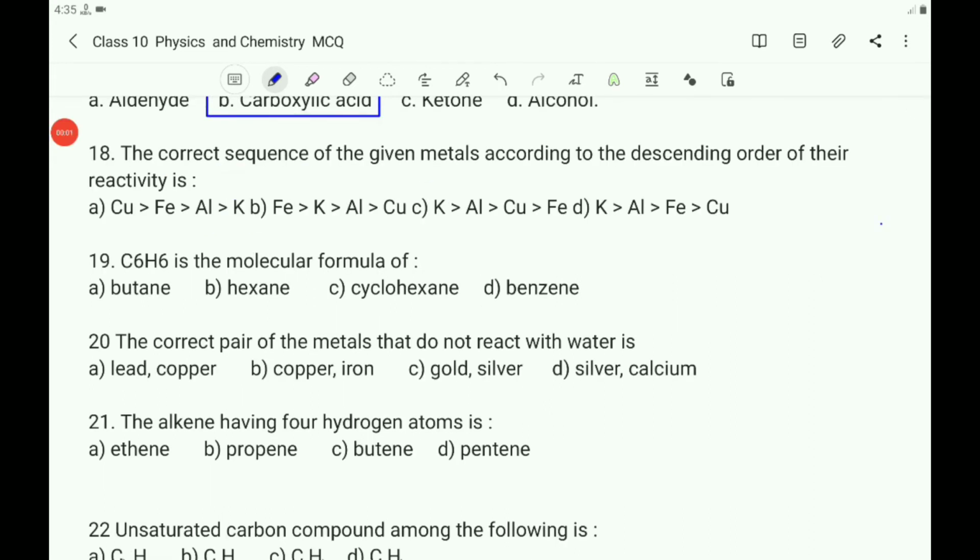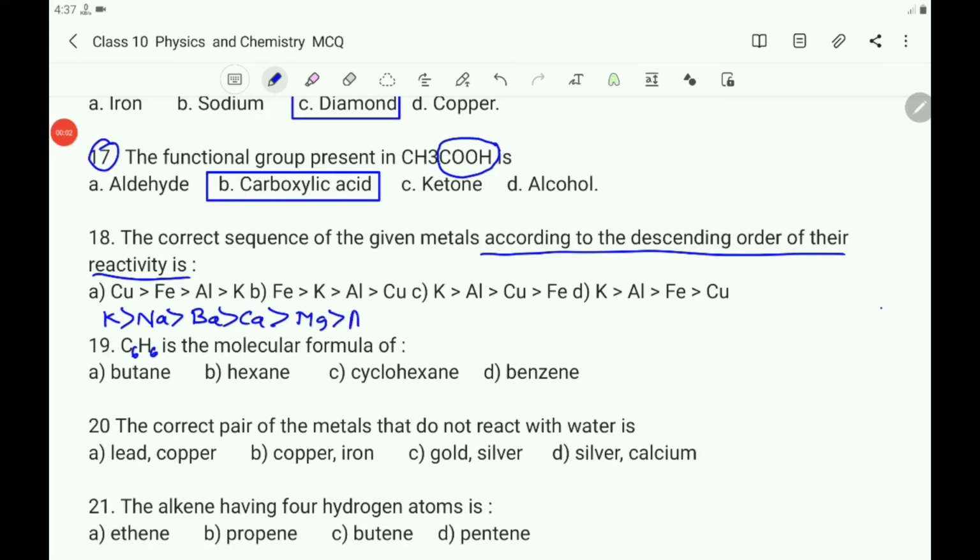Now question number 18. The correct sequence of the given metals according to the descending order of reactivity. Here, as we have to arrange according to the descending order of reactivity, you have to take the highly reactive metal first. You know that potassium is the most reactive metal among all. After that sodium, after that barium, next calcium, then magnesium.